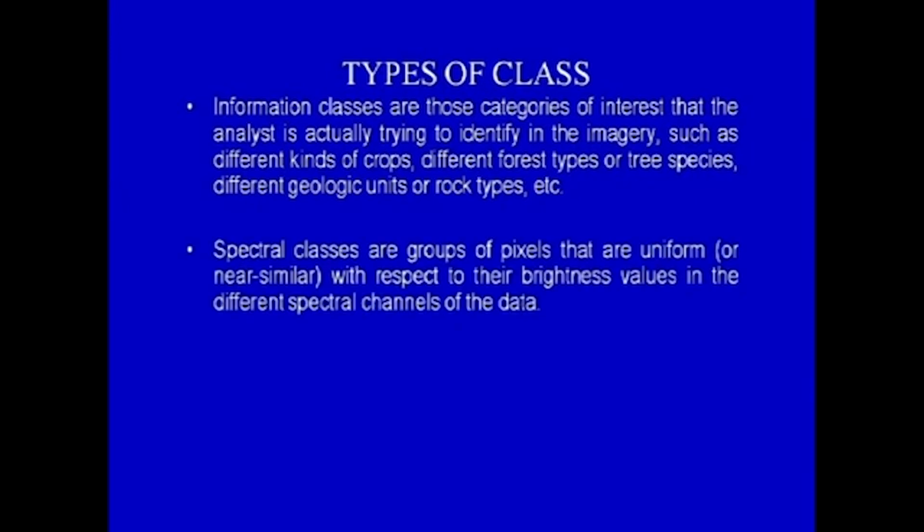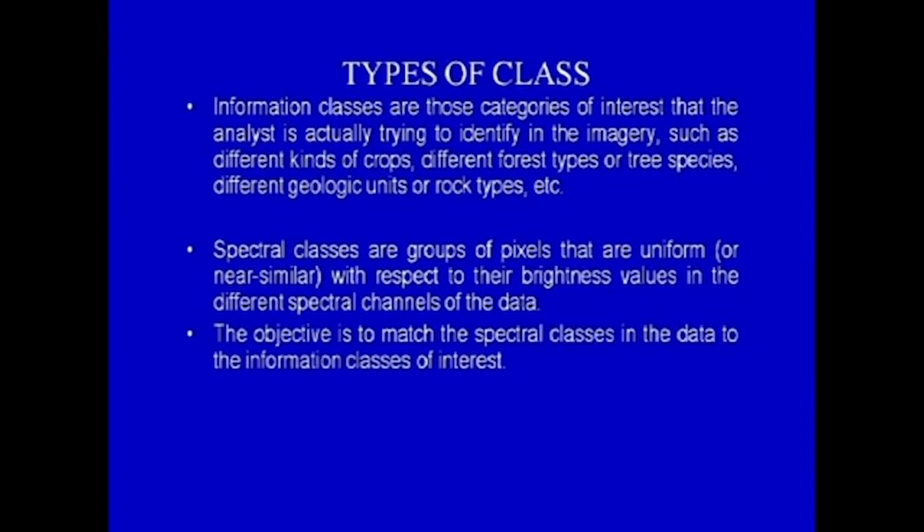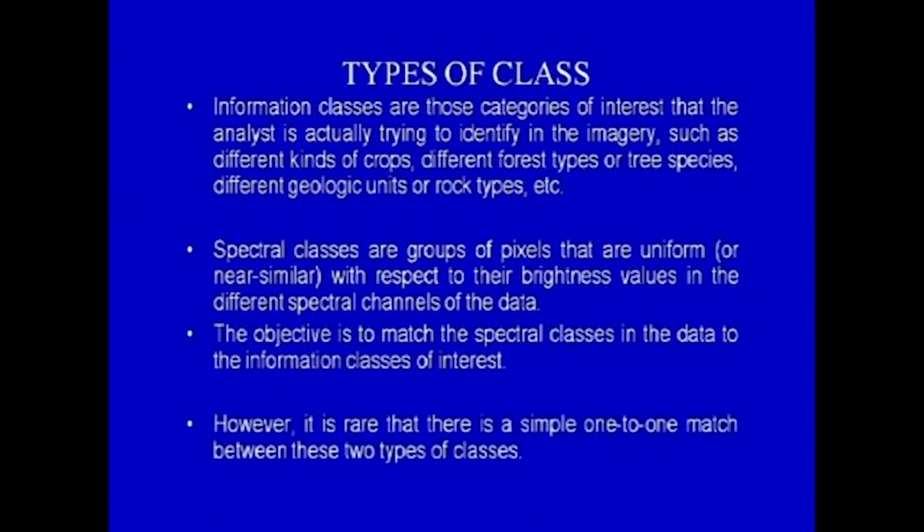In spectral classes, the analyst tries to identify groups of pixels that are uniform or near similar with respect to their brightness values in the different spectral channels of the data. The objective is to match the spectral classes in the data to the information classes of interest. However, it is rare that there is one-to-one match between these two types of classes.